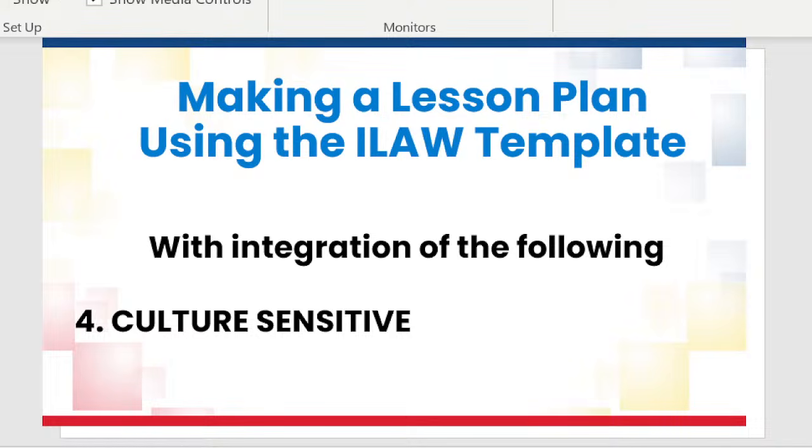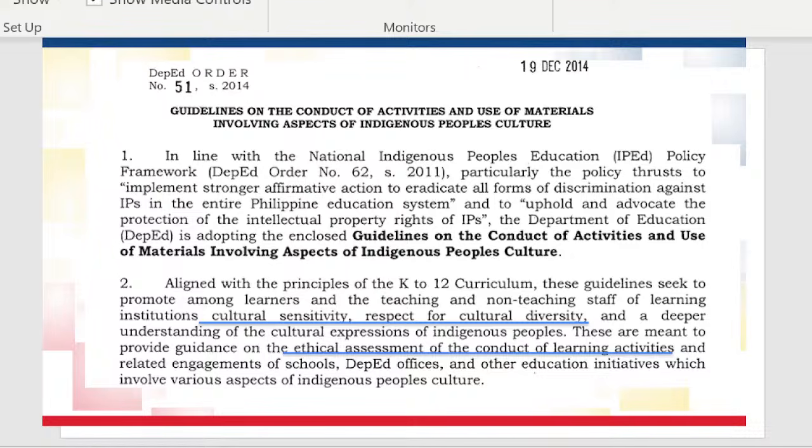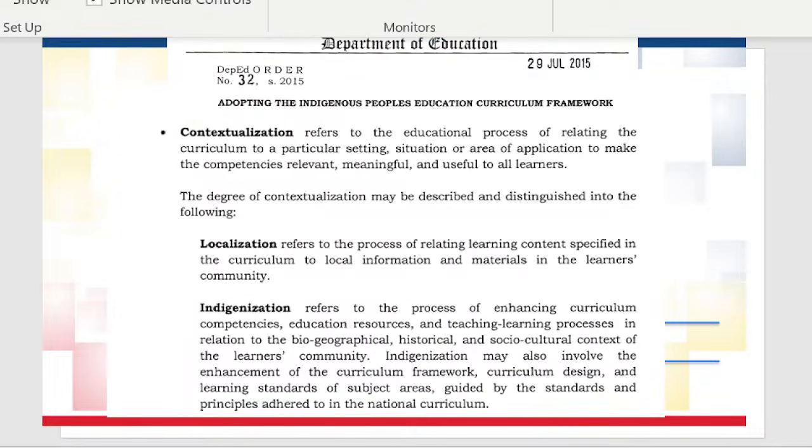Then we have culture sensitivity. DepEd Order number 51 series of 2014 highlights that all employees in DepEd must be culturally sensitive, respect the diversity of culture in all aspects, as well as in the conduct of learning activities.